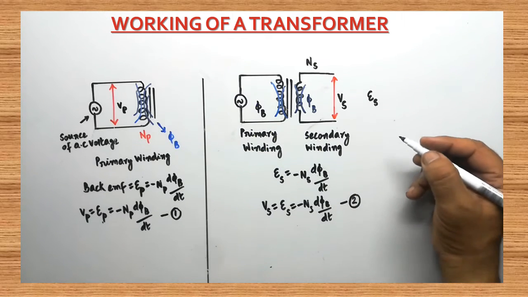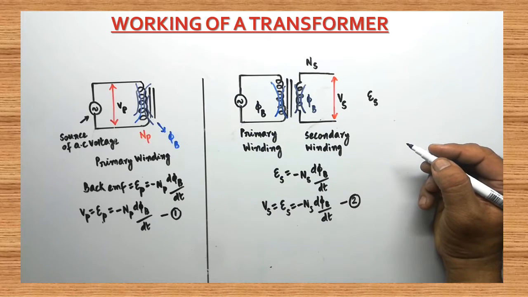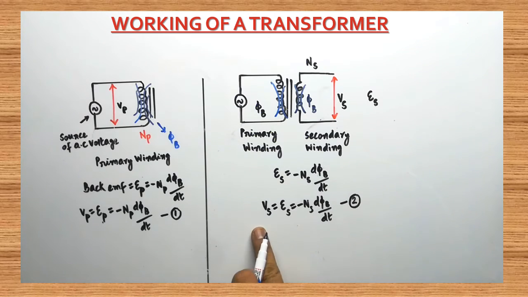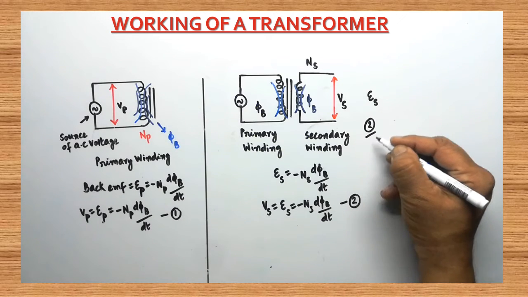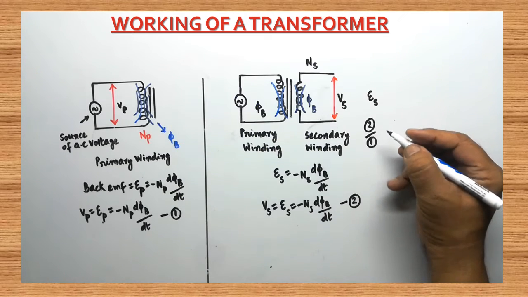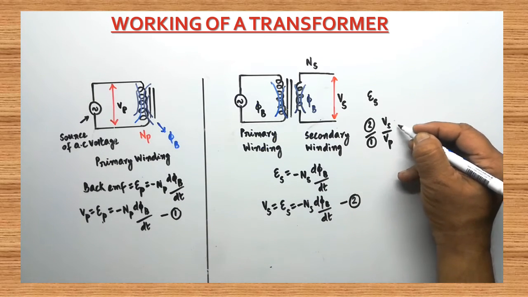How to start? Look at both the two. Take the ratio. Now Vs, the second equation, is to be divided by the first equation. If Vs is divided by Vp, what will happen?